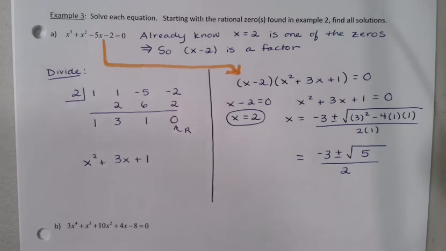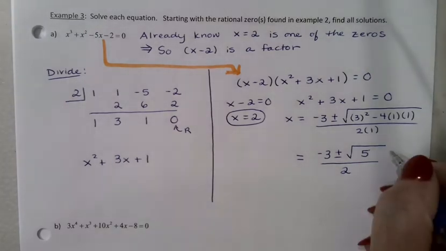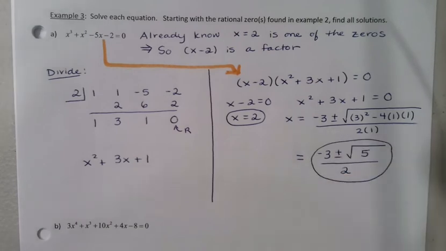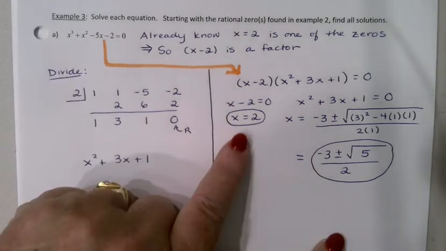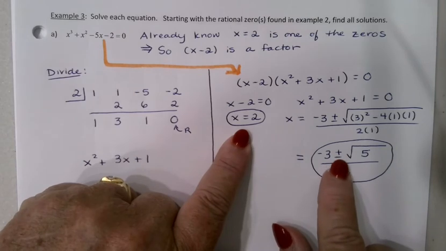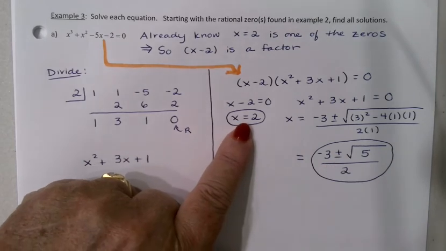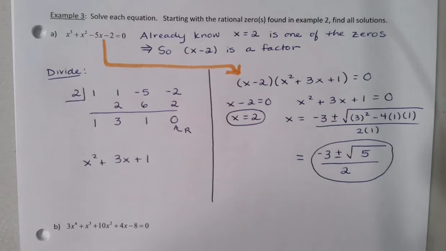It's still a real number, right? There's no imaginary, no negative under the radical, so I don't have to split this up. I can leave it just like that since the square root of 5 can't be broken down in any useful way. And there we go. I had a cubic equation, and notice now I have the two solutions here, one with the plus and one with the minus, and then one more here for a total of 3 solutions, just like I expected.